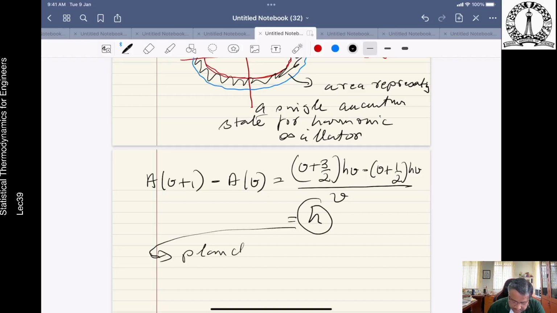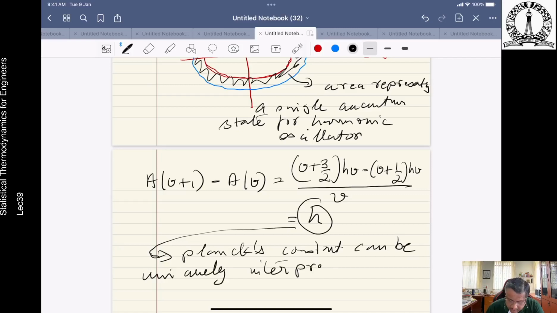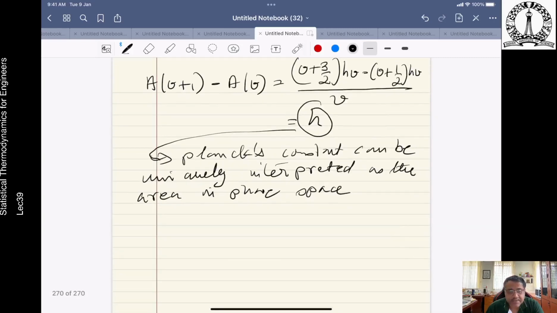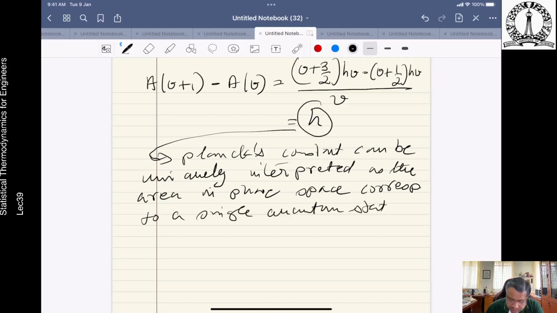Planck's constant can be uniquely interpreted as the area in phase space corresponding to a single quantum state.